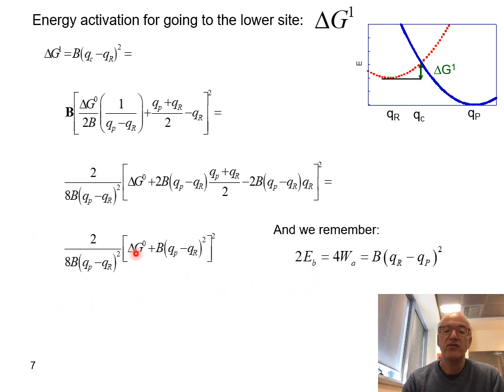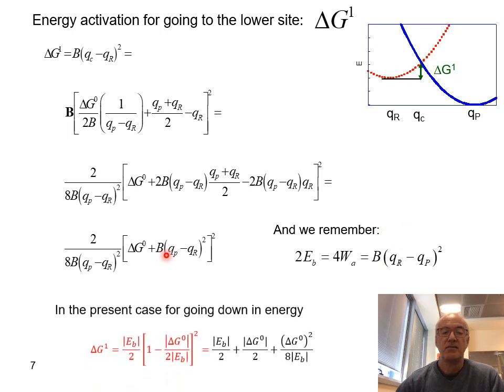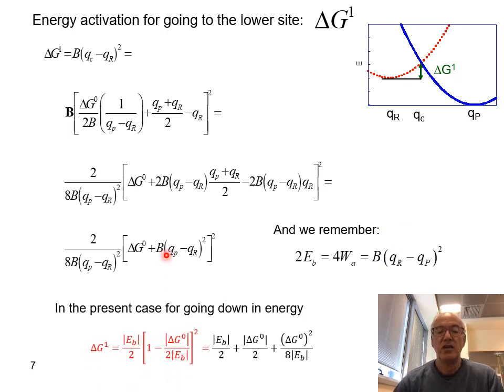So really, after we've reached this point, we know these relations that we found before between the binding energy, the activation energy, etc. And we can arrive at this expression for the energy that needs to be invested.